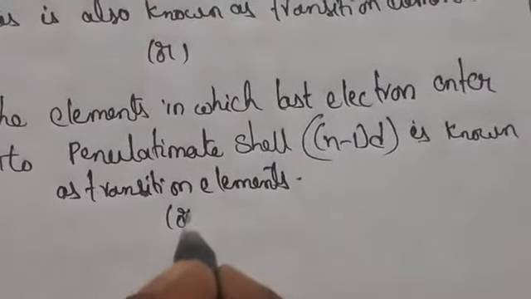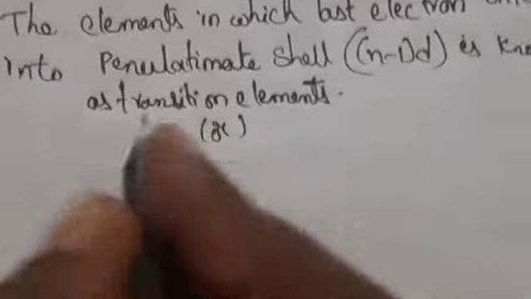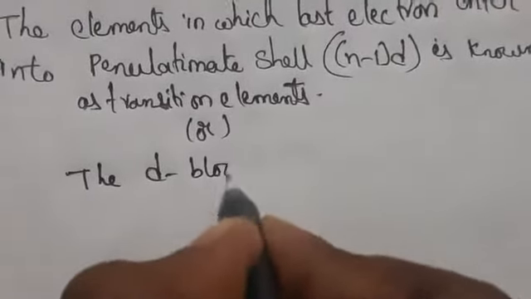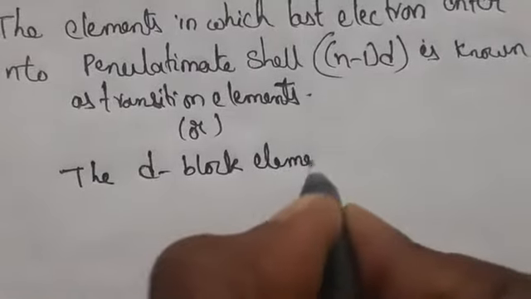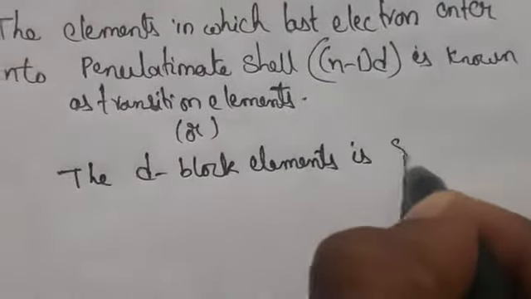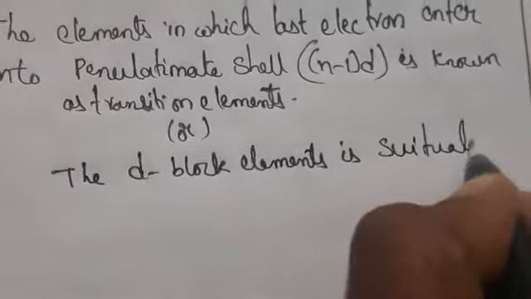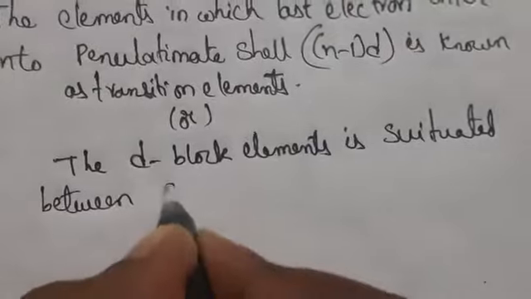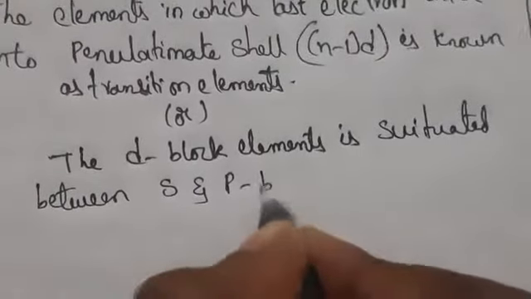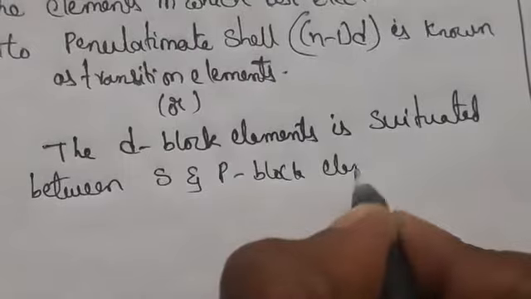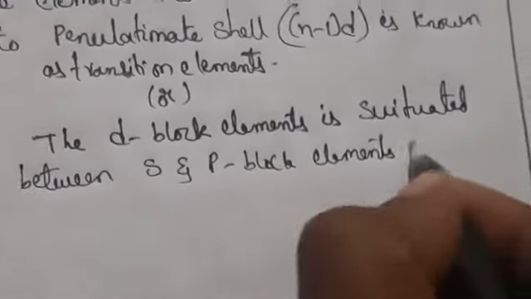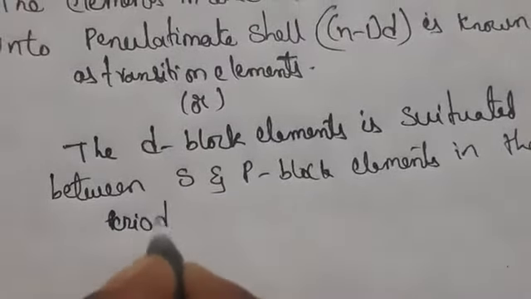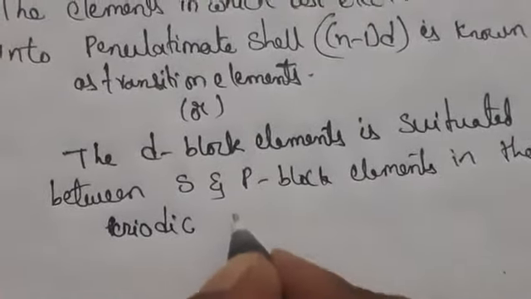Or we can say the d block elements are situated between the s and p block elements in the periodic table.